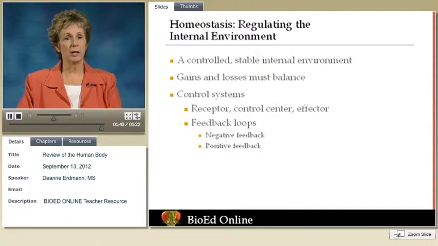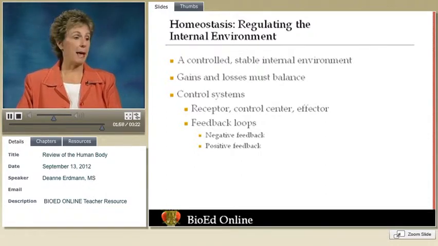And if it's not functioning right, then cells aren't getting what they need. So continually, with every single thing we do, there is a struggle to come back to that steady state or to that homeostasis. And we have control systems, receptors, control centers, effectors that monitor various places in the body.